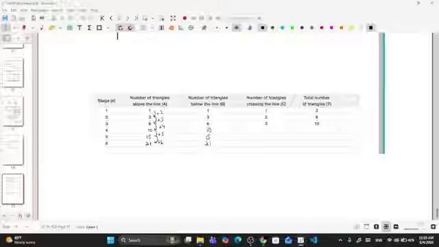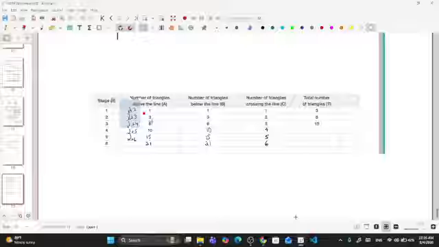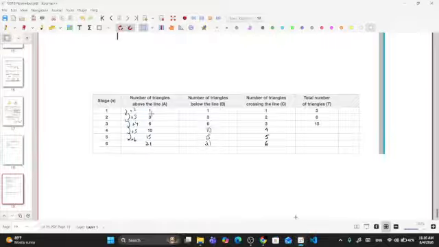And adding on the number of triangles that are crossing the line, 1, 2, 3, it should be 4, 5, and 6. And then if you had to find the total number of triangles, we were supposed to just add all of these values together.